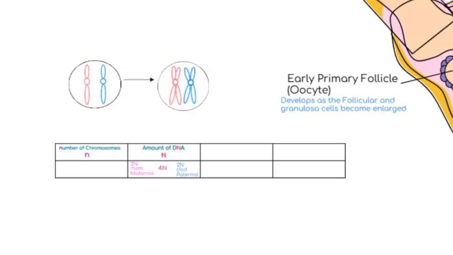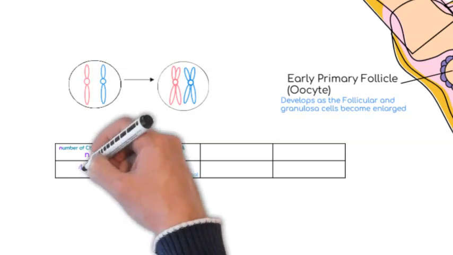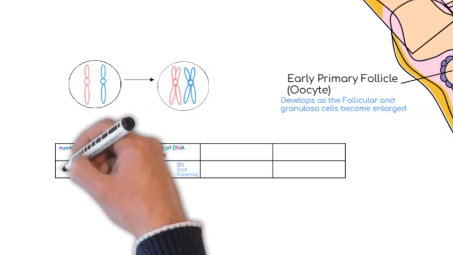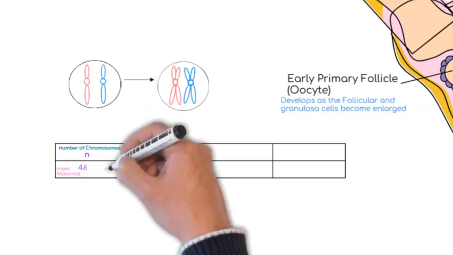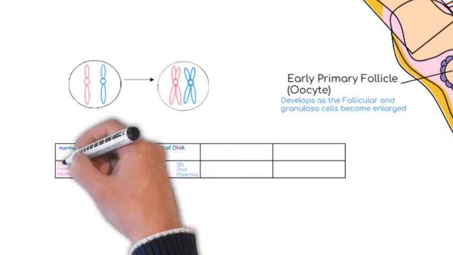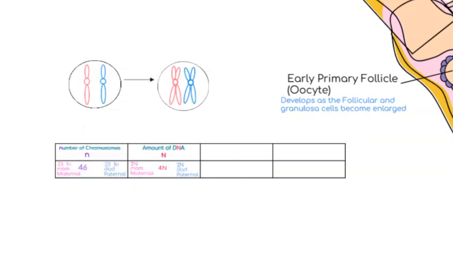So it's still 46 chromosomes, but the amount of DNA is doubled because we replicated the DNA because we're about to split. Okay? So the number of chromosomes, does it change or stay the same, or does it get reduced at this point?